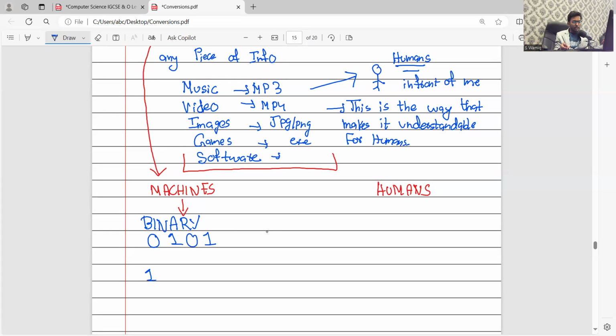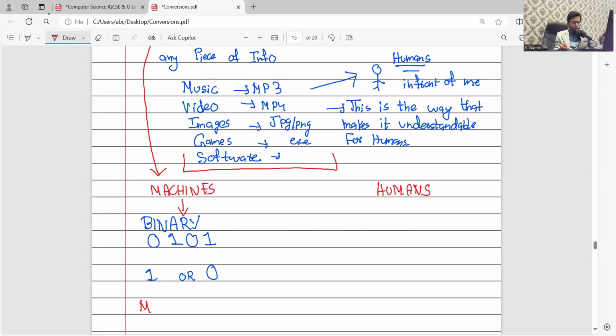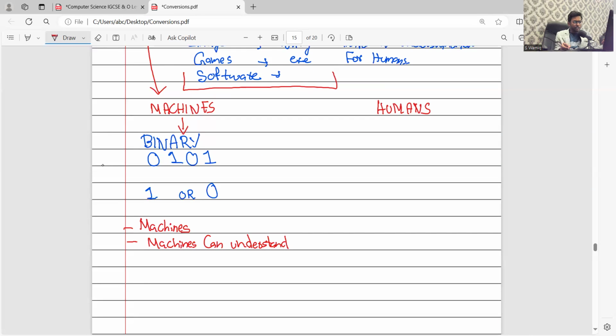Those two values are either one or zero. This is the language of your machines, the language that machines can understand. Or I can also say that this is the language that humans cannot understand. This is only understandable by machines.